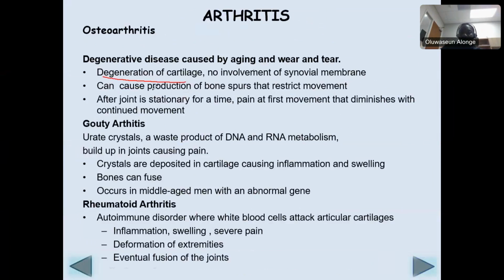They can also cause production of bone spurs that restrict movement. After a joint is stationary for a long time, that can also be a problem.